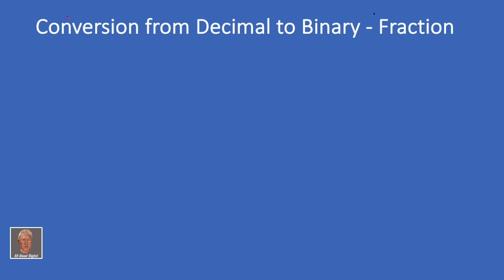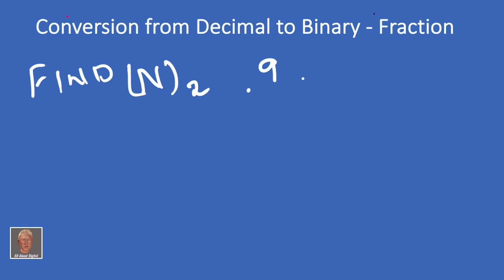Let's do a conversion from decimal to binary fractional. Okay? So we want to find a number in base 2 for the fraction 0.90625, which is in base 10.